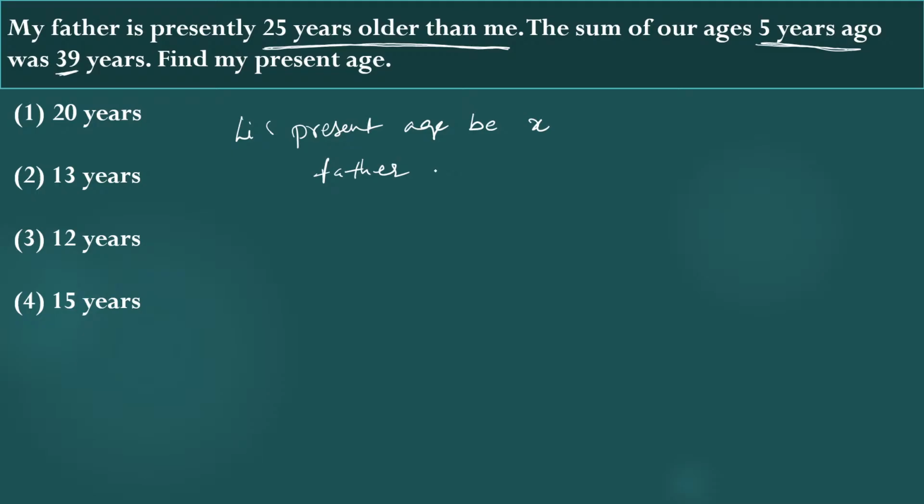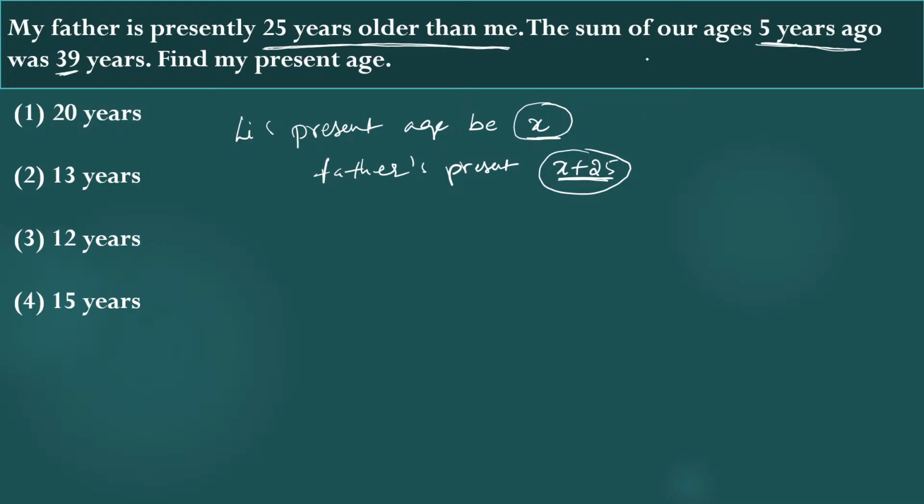According to the father's present age, his father is 25 years older than him. So my age is x, then my father's age is x plus 25. This is my present age and this is my father's present age.